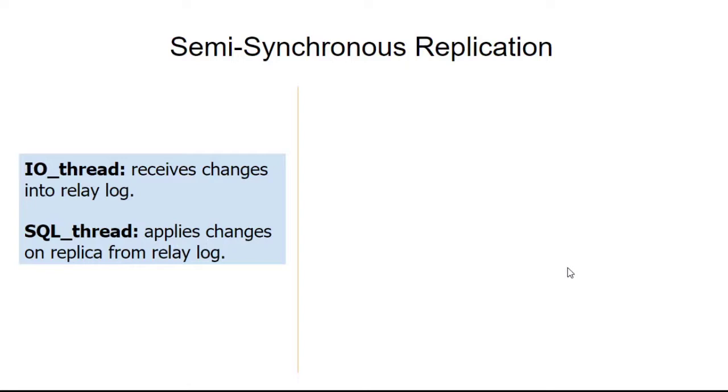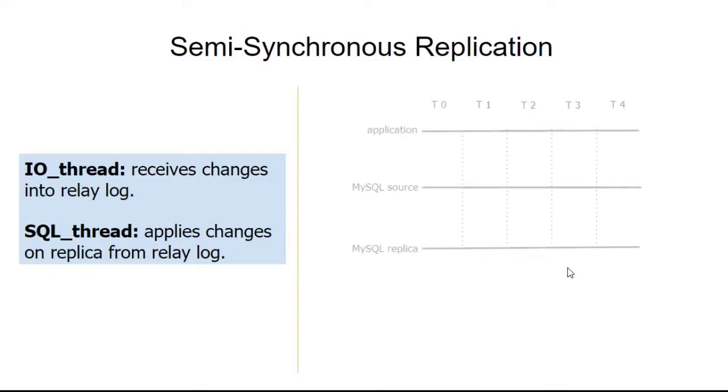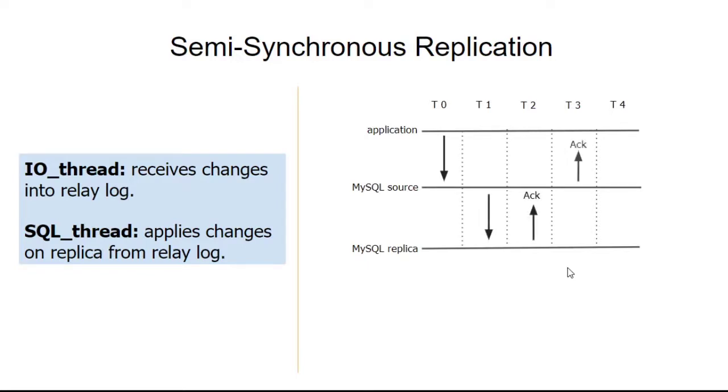The SQL thread then takes those changes from the relay log and applies them on the replica. So in semi-synchronous replication, the source only has to receive acknowledgement from the replica's I/O thread, not that those changes have been applied. And this is why this is only considered semi-synchronous. This balances the risk of data loss with too much write performance impact.